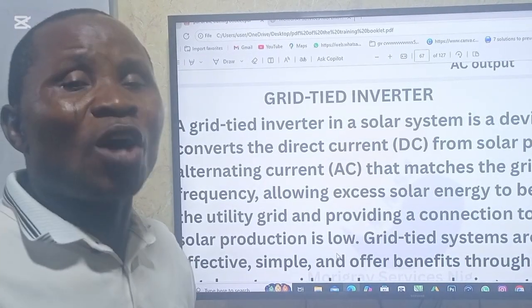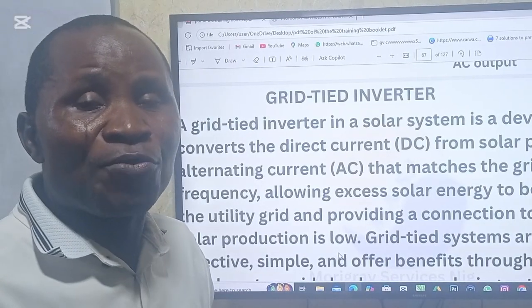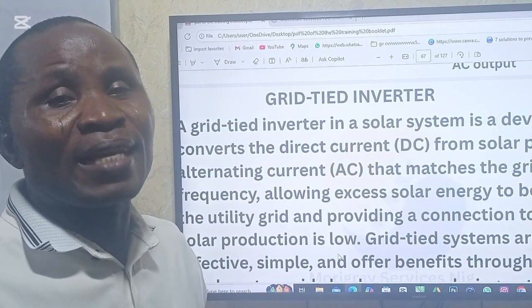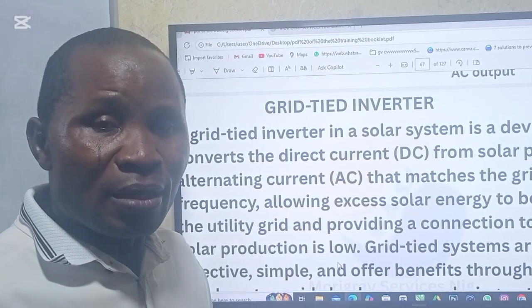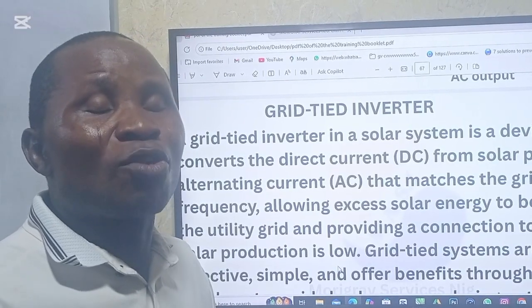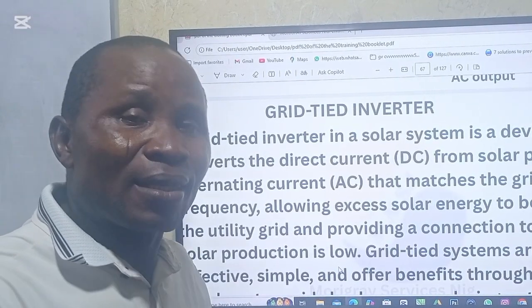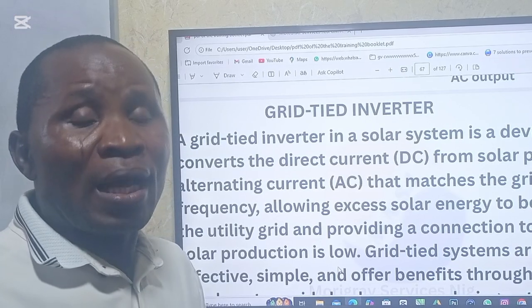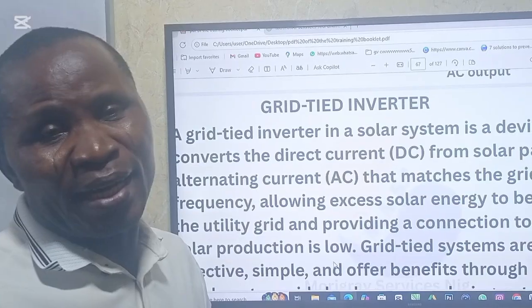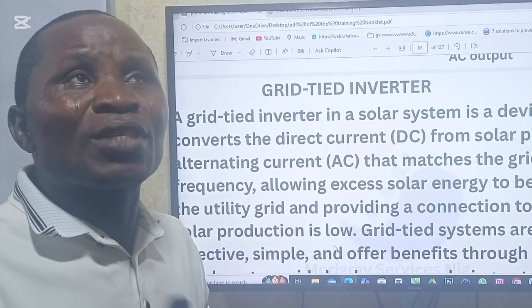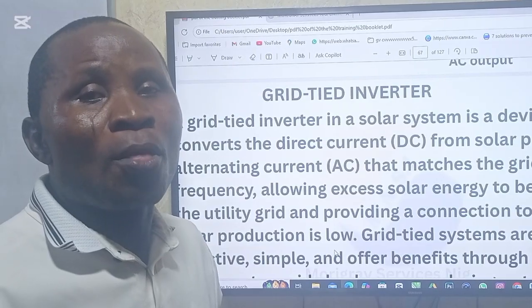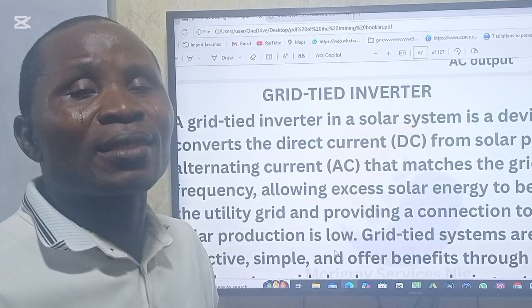Then you can install this type of inverter, so that as the solar panel generates electricity, it matches the national grid and produces power for the office or the residence.